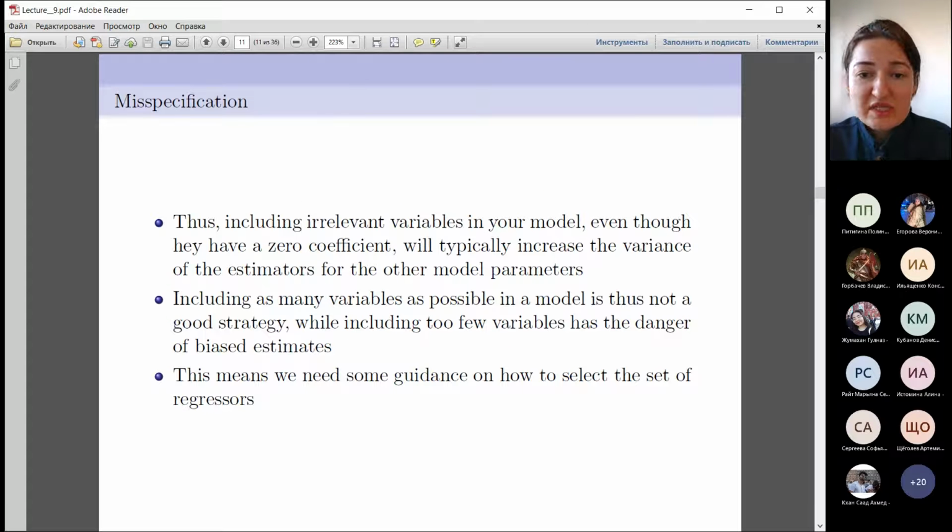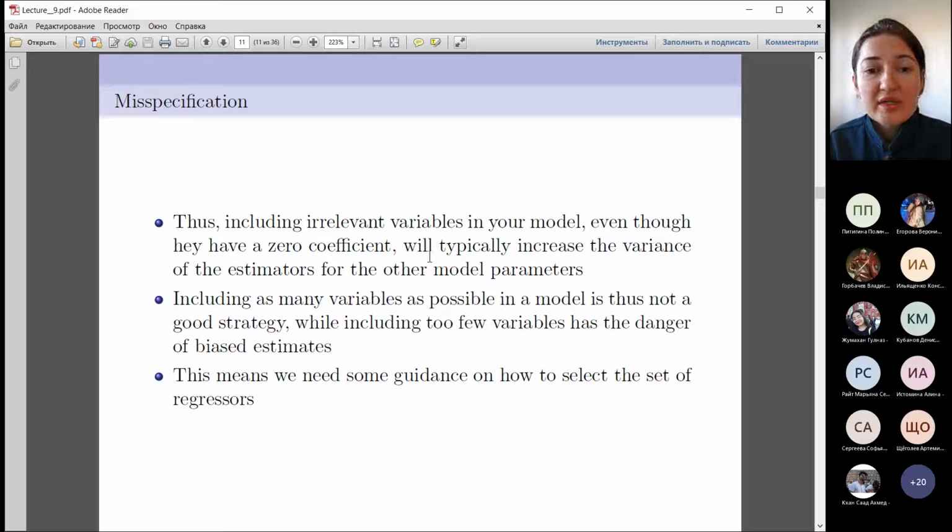So misspecification means that you include irrelevant variables in your model, even if the coefficient of this irrelevant variable will typically, let's say, have zero effect in your sample.